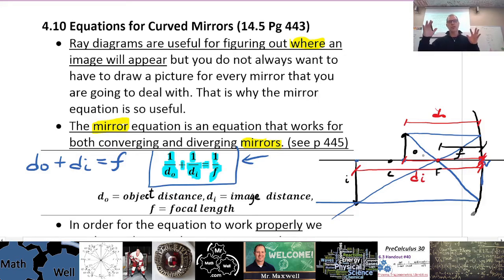When all of the relationships between objects and images come together, if you take enough data at once, you start to see these patterns emerging. It just so happens that the reciprocals of these, when added, will give you 1 over f. If you want to dig deeper into the origin of the mirror equation, I would encourage you to do that. We're not going to get too far into that in the lesson, but it's a good question.